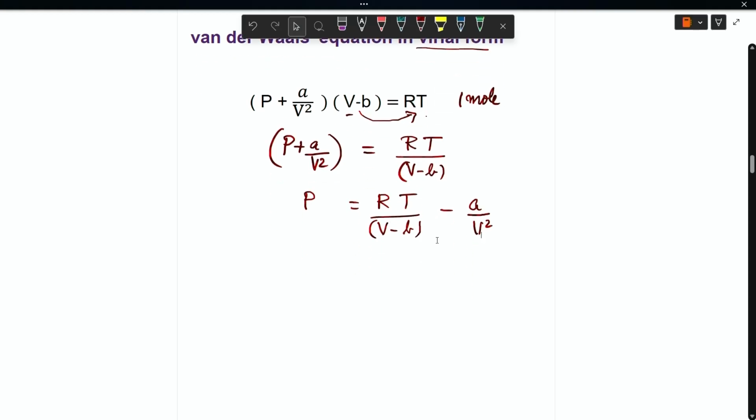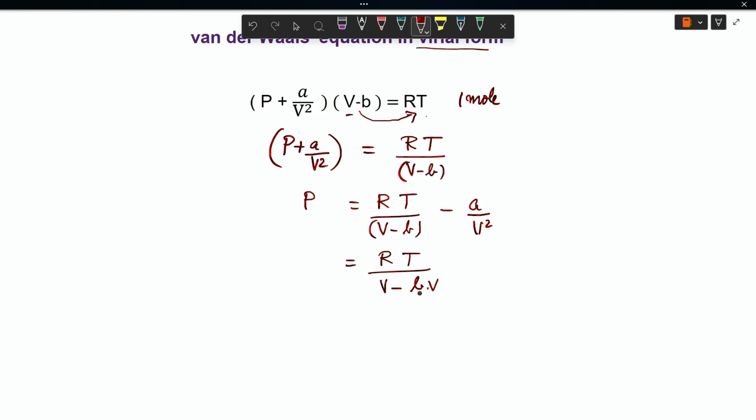Next, see, in this term we have got a V, but in this term we do not have a V. So, I can multiply it with V in the numerator and V in the denominator. So, the equation will be RT/(V − b) × V/V. Just I have to take out V as a common factor just for that sake. It makes no difference. Okay.